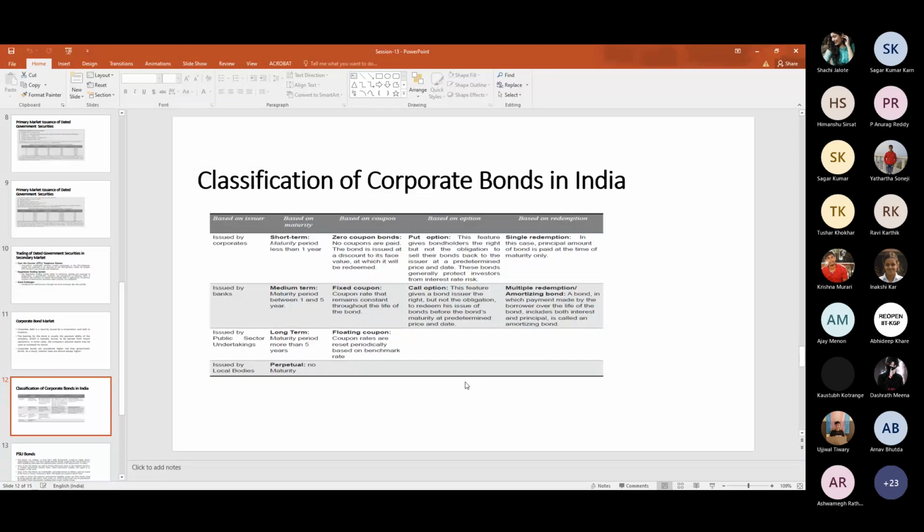If there is a put feature, then this feature gives the bondholder the right but not the obligation to sell their bonds back to the issuer at a predetermined price and date. So if you have invested in that type of bond, then you have the option that if you want, you can sell your bonds back to the company at a particular predetermined price, which has been mentioned before.